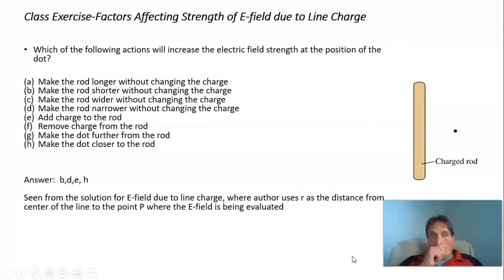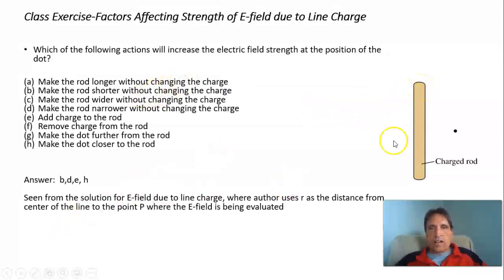So let's do a class exercise here. So suppose we're at some distance p, some distance from the rod, and we want to know what the effect is going to be on the electric field if we change each of these variables. Okay, so let's suppose we make the rod longer, but we don't change the amount of charge.